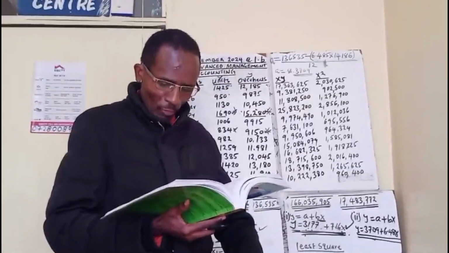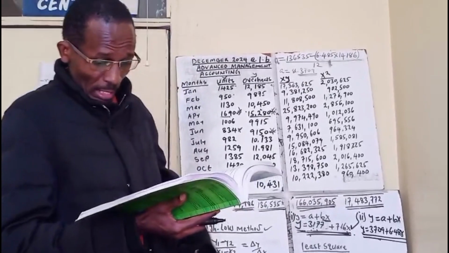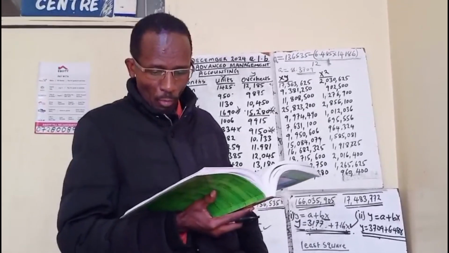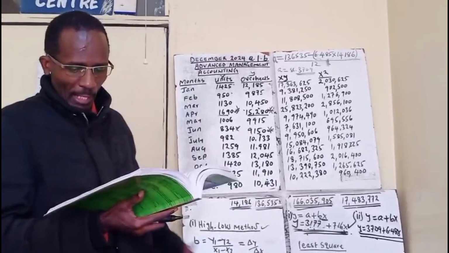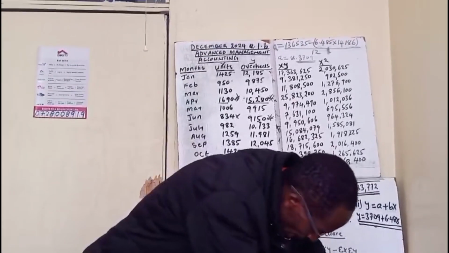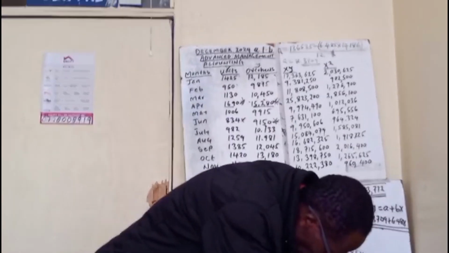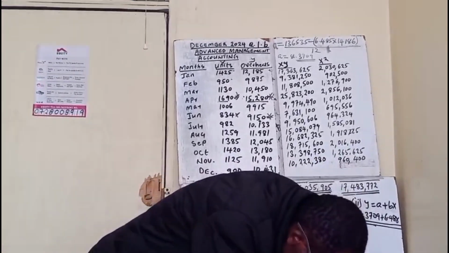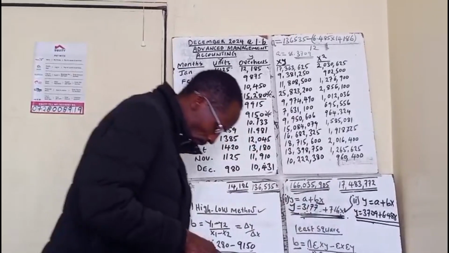They were asking: the coefficient of determination has been determined to be 0.913. Interpret this result. Now let me read one answer here for you, even though we have not covered that, but I think this one will help you.